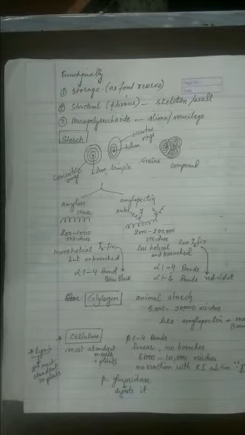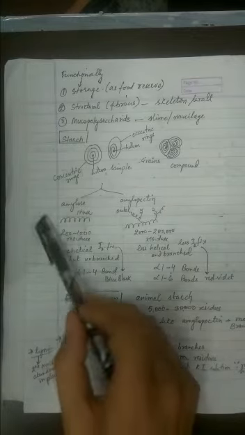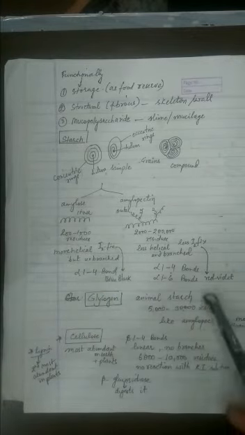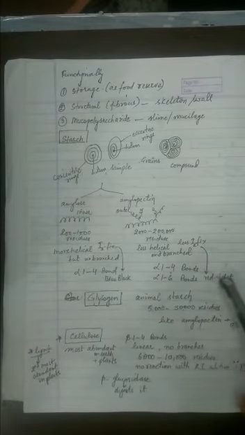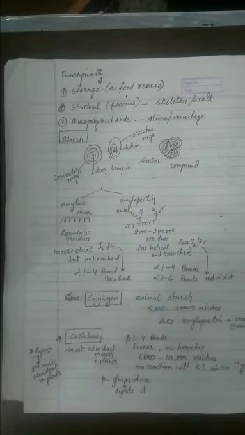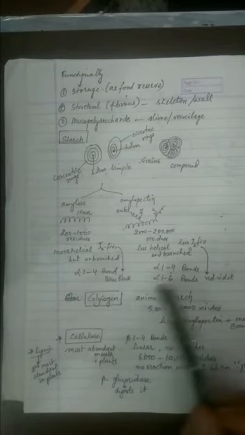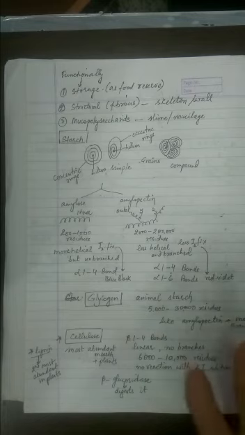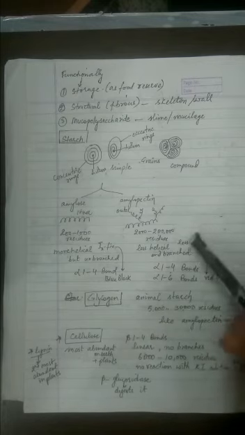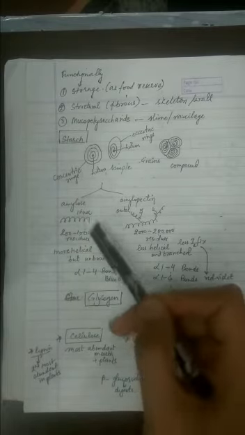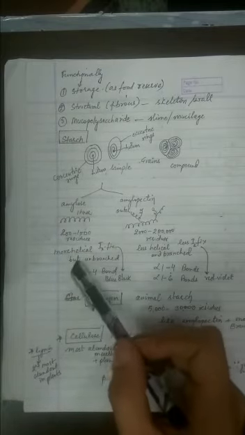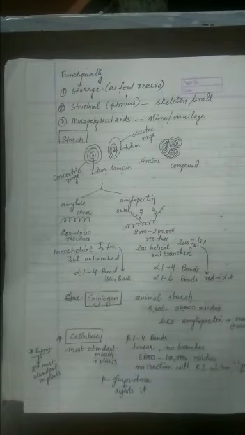So starch will give you blue-black color if it is amylose, and the red-violet color will come because of the amylopectin. So amylopectin is able to trap fewer iodines. That's why the color is different compared to the amylose. Remember, this is more helical, this one is less helical.